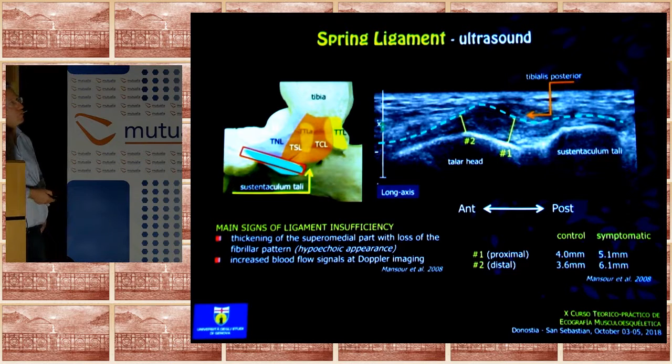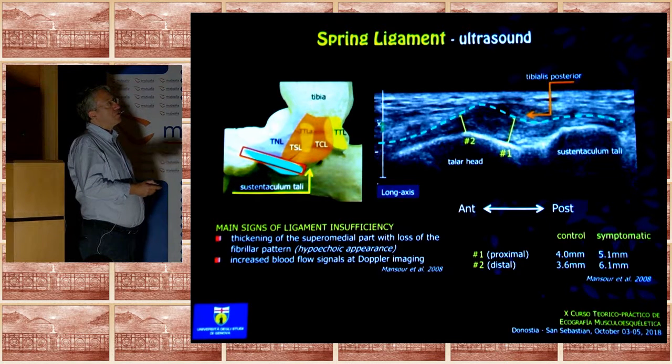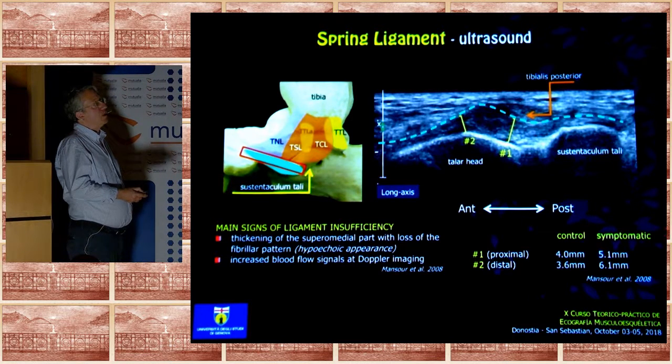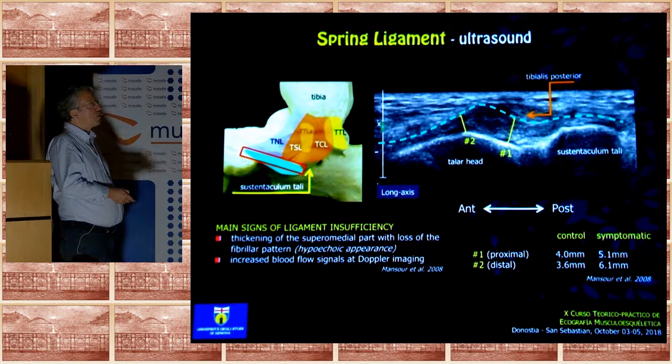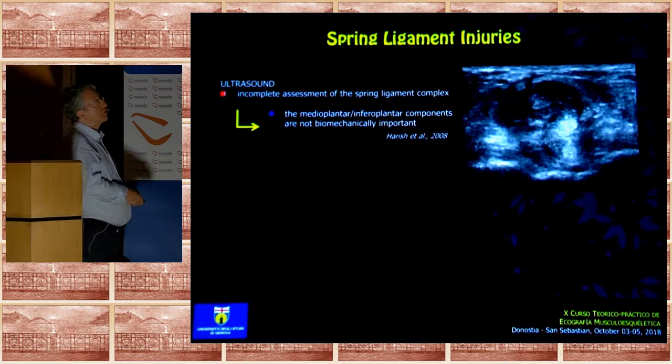If you switch color Doppler on, you can also see a hypervascular pattern at the level of the ligament. There is a nice study published in literature showing that in cases of symptomatic people with ligament insufficiency, the ligament appeared more swollen than normal, and this is a case showing the discrepant size of the ligament by comparing the affected side with the normal contralateral side.